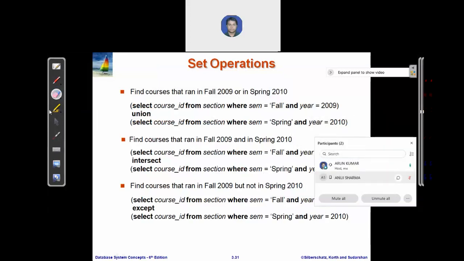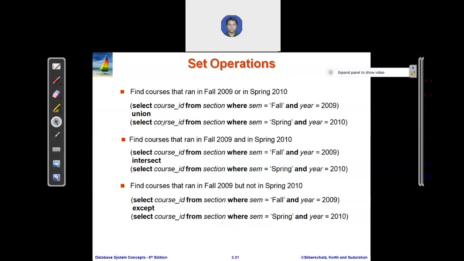So the next query: find courses that ran in fall 2009 and in spring 2010. Now we want the course IDs which appear in both fall 2009 and spring 2010. In this case, we can combine both the queries using the intersect operation.